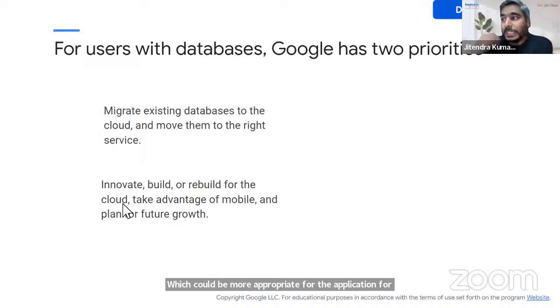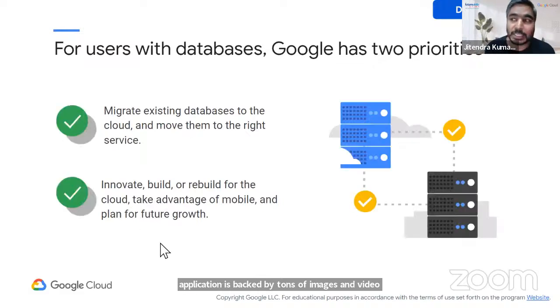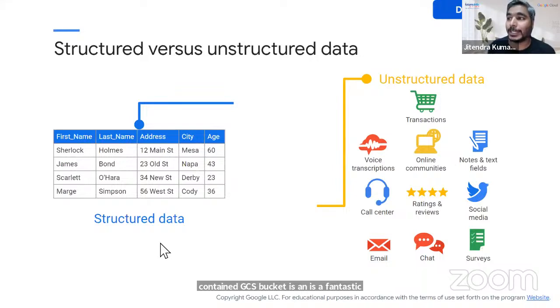Similarly, if you are innovating, building or rebuilding something like a mobile or web app, you need to store things like game state. If you are building a game, if your application is backed by tons of images and video content, a GCS bucket is a fantastic place for you to store all of that, right?